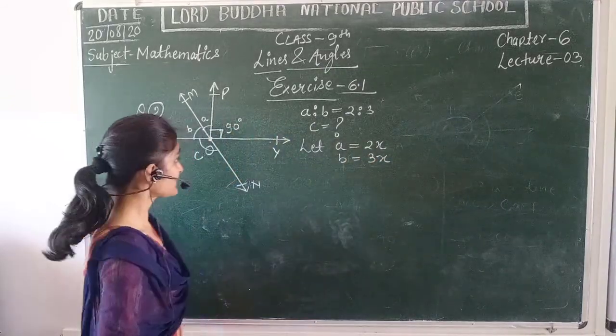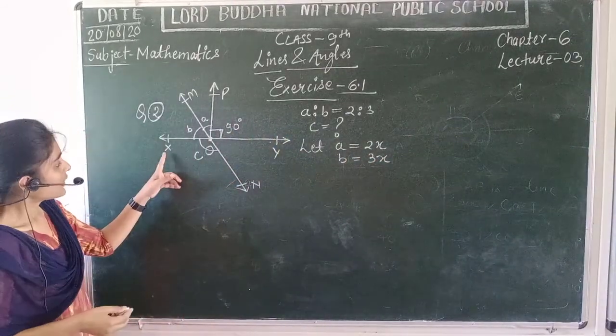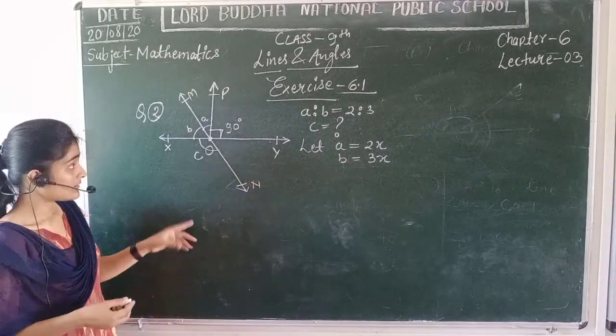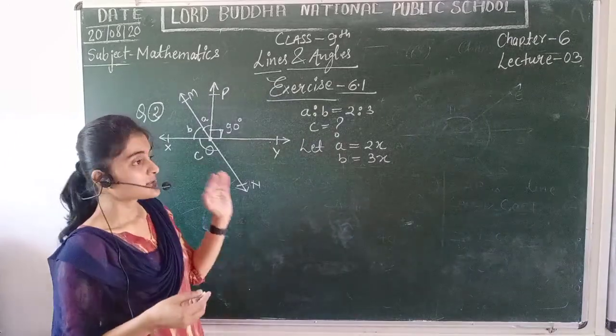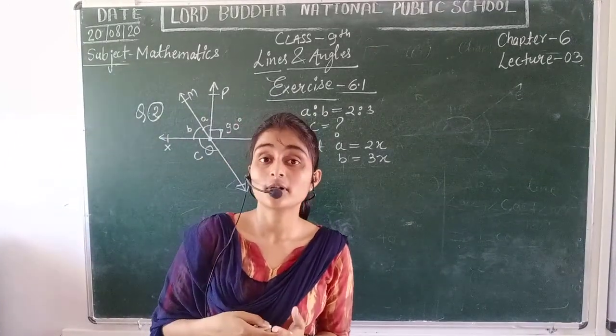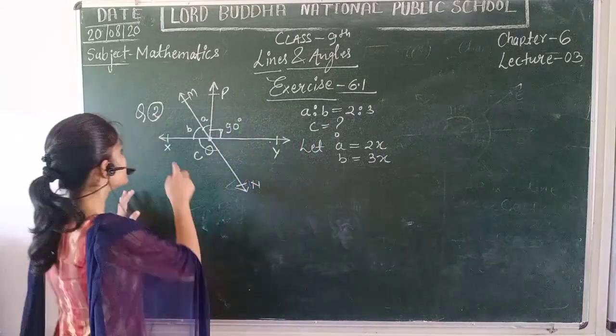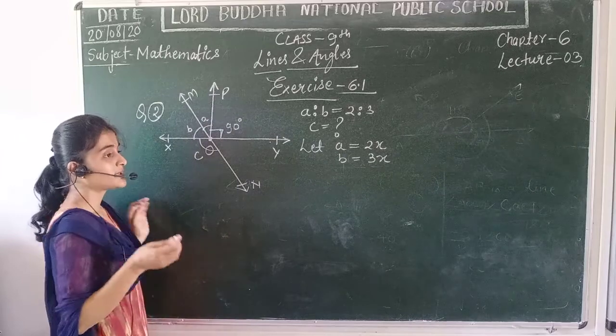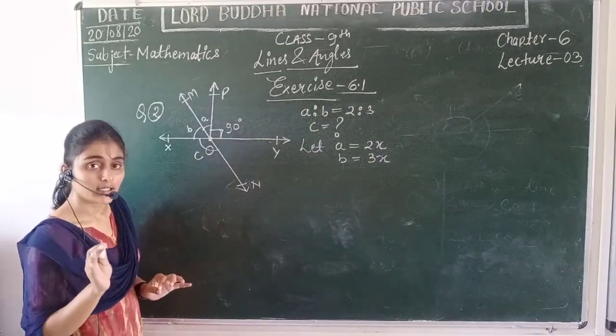Is it clear? Now, moving forward, let's see. XY is a line, and you know that the sum of all angles formed on XY will be equal to what? 180 degrees. Since XY is a line, all the angles formed on it sum up to 180 degrees.